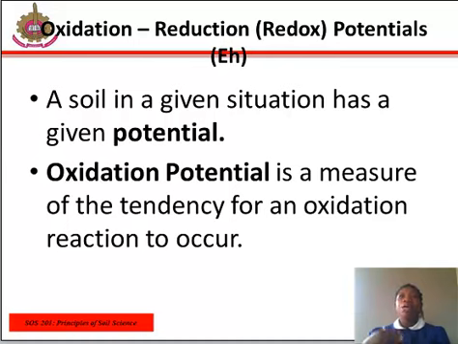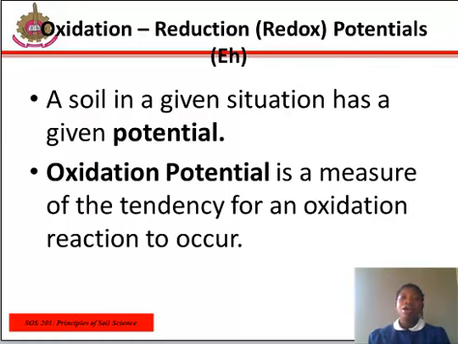In waterlogged and poorly aerated soils, the reduced forms of ferric iron, Fe3+, nitrates, NO3-, and sulfates, SO4 2-, are found. Oxidation potential is a measure of the tendency for an oxidation reaction to occur.